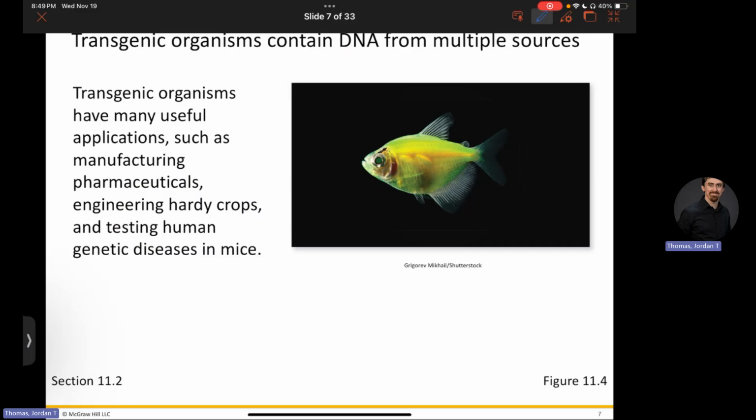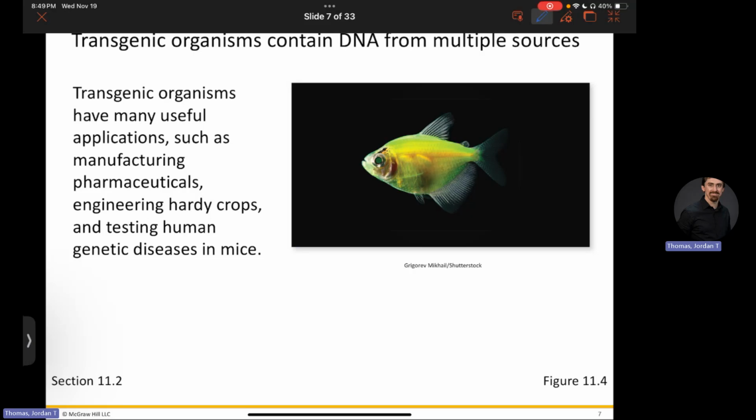Transgenic organisms have many useful applications, such as manufacturing pharmaceuticals, engineering hardy crops, and testing human genetic diseases in mice. We can produce pharmaceuticals with them.